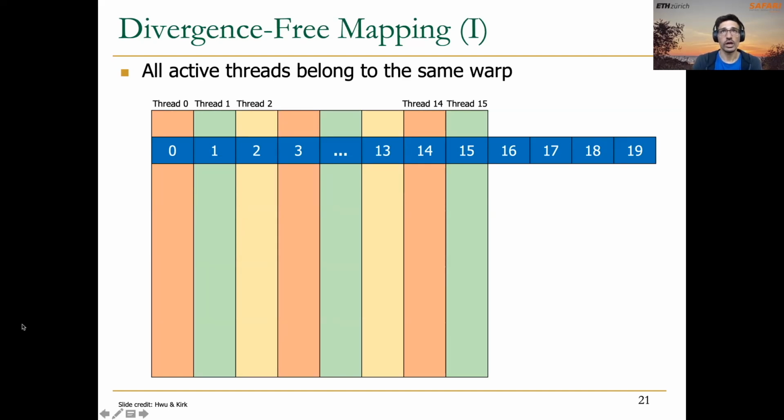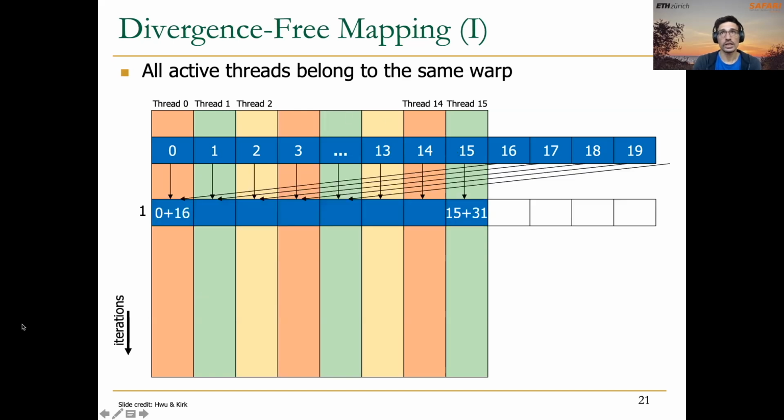So for example, here to perform the same computation, we can have threads from 0 to 15, the 16 threads with the lowest ID, active. And the way that we assign the computation is that thread 0 performs the addition of element 0 and element 16, thread 1 performs the addition of element 1 and element 17, and so on and so forth.